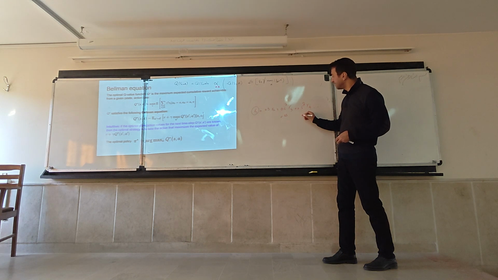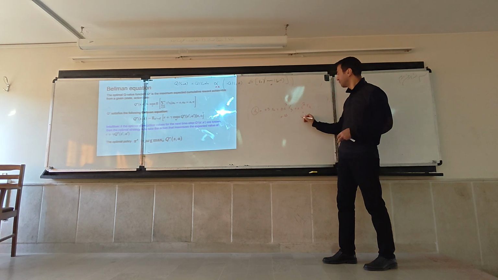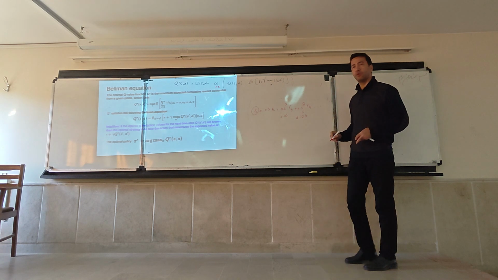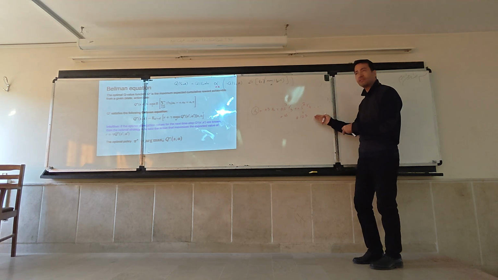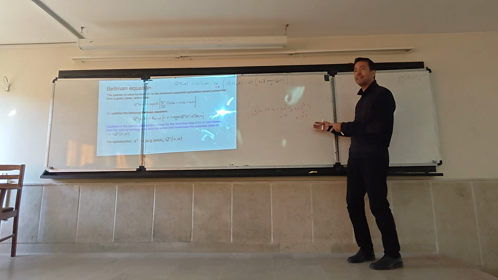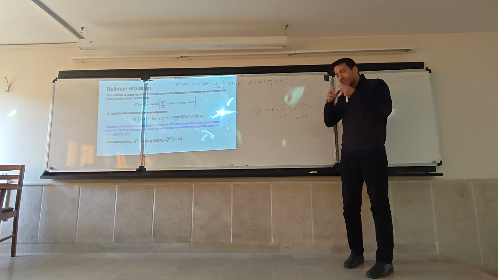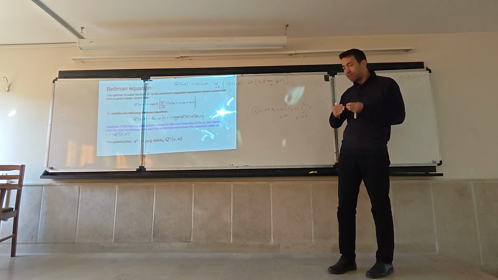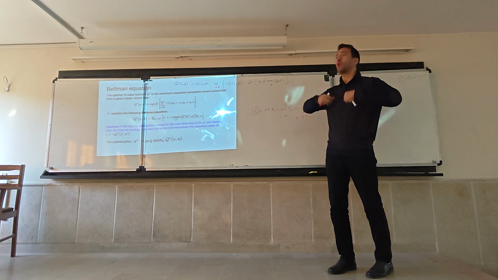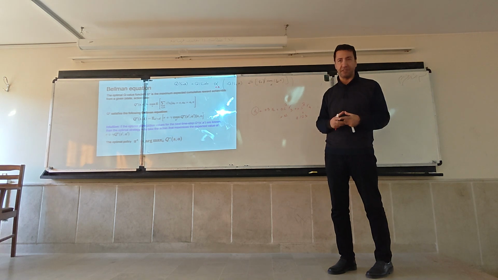Then we make this one like this. So, as we go on, this value becomes less and less. So that means for the total reward, the first reward has more effect.